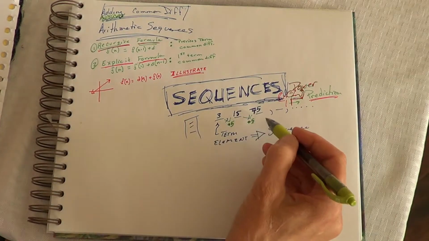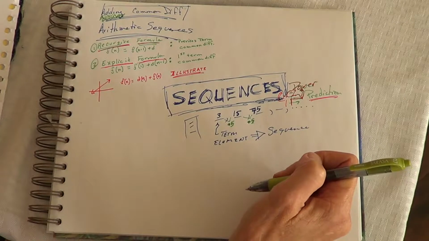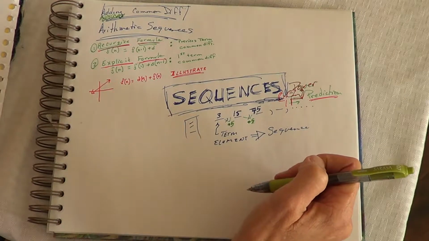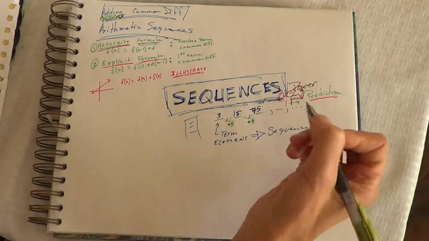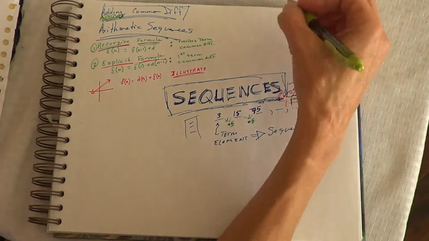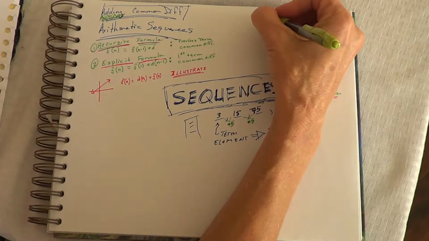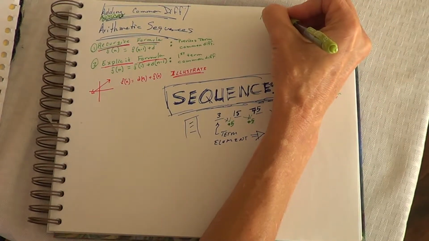So this is now today what we're looking at, where we're multiplying. Now, does that mean that it can't go down? It can absolutely go down. You just simply multiply by a fraction. So this time we are multiplying.